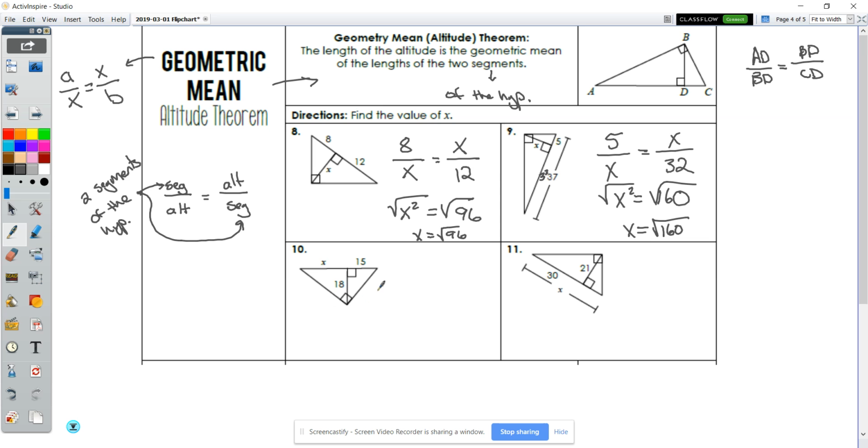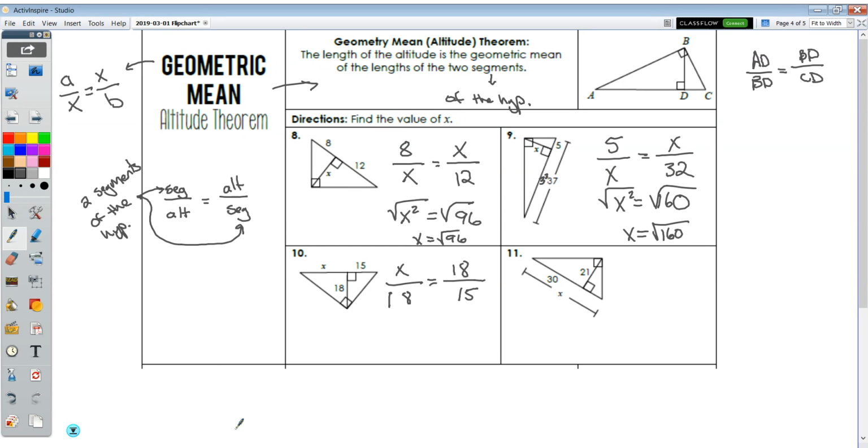Let's do another one here. Notice this time the altitude isn't the x. The 18 is the altitude. But that's not going to change our formula. Altitude goes here and here. Segments of the hypotenuse, x and 15. Doesn't matter which one goes where. Right? So you're going to get this, and I don't want to do 18 times 18 in my head, so let's do 18 times 18 on my calculator.